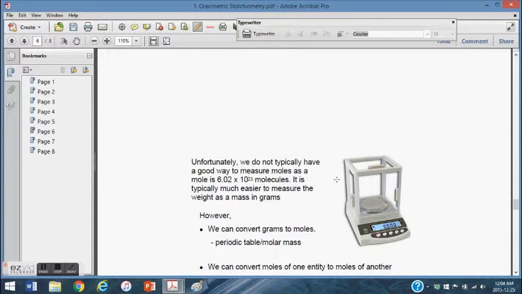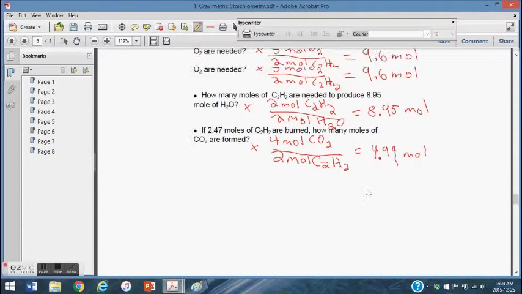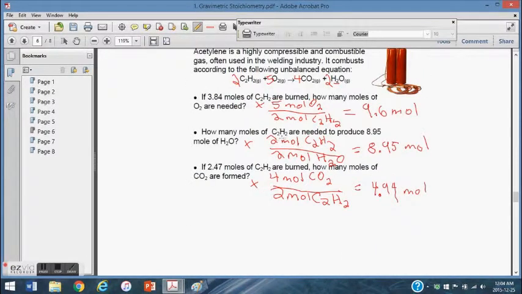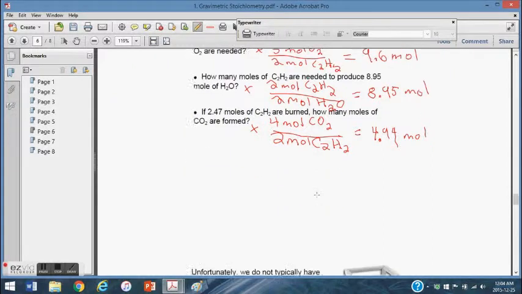So that being said, we can convert grams to moles. You use your periodic table and the molar mass. We've been doing this kind of thing already. Now we can convert moles of one entity to moles of another, and this is what we were just doing up here using the coefficients.